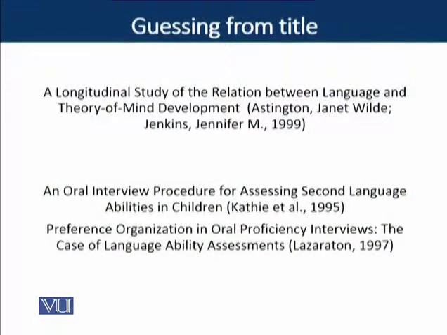Let me take you to a few titles. The first title is: a longitudinal study of the relation between language and theory of mind development, a paper by Astington, Janet Wilde, and Jenkins, Jennifer M., 1999. That's the reference.